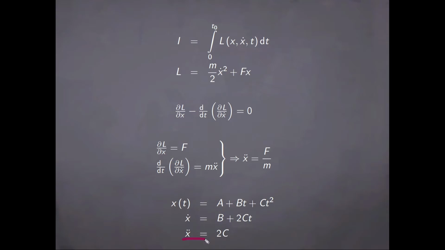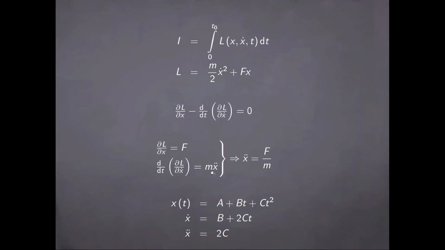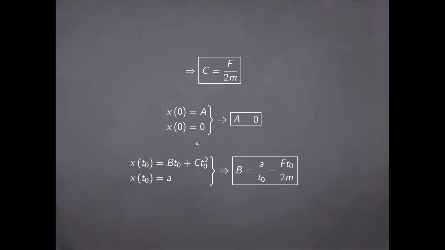And then, knowing this and knowing this, it follows straight away that c is given by F over 2m. Furthermore, we know from the statement of the problem that at the initial moment x has to be equal to 0, but according to the law which we have proposed here, x must also be equal to a. So the result is that a must be equal to 0.